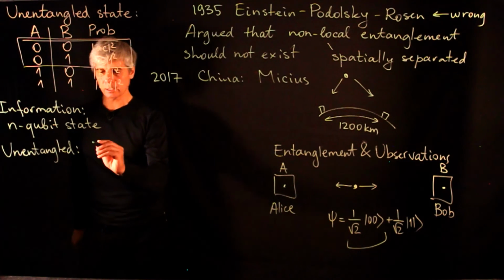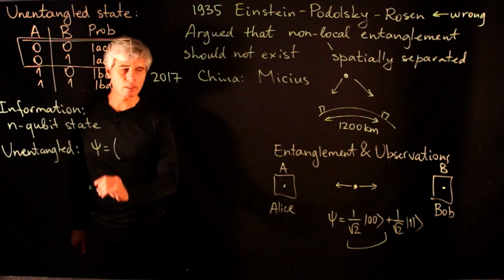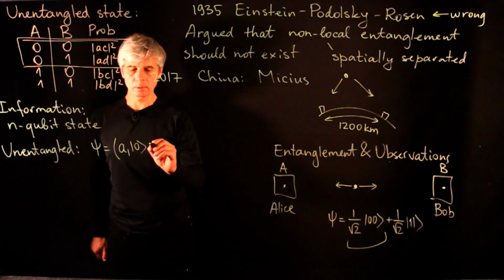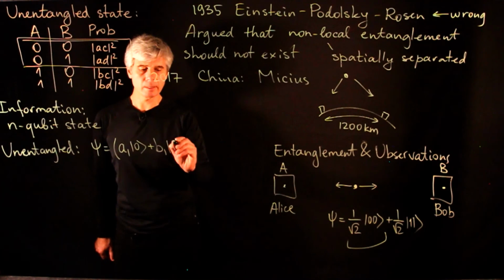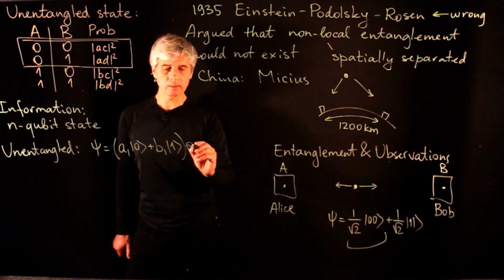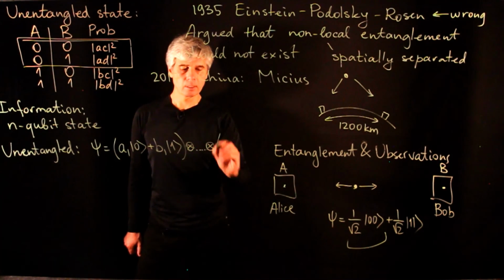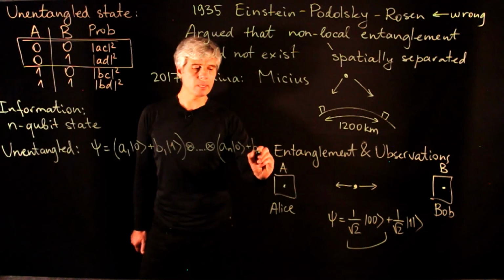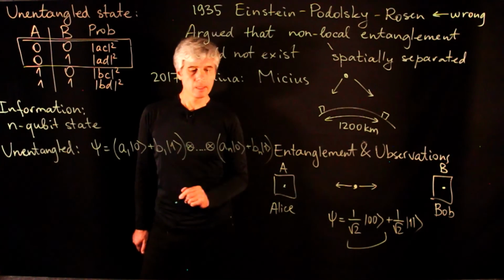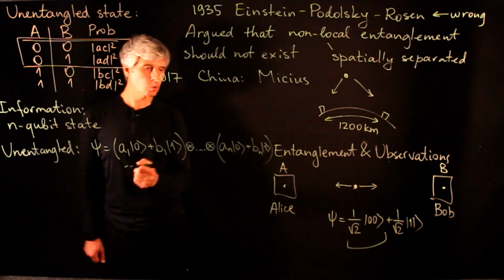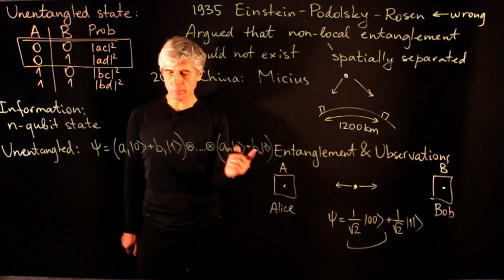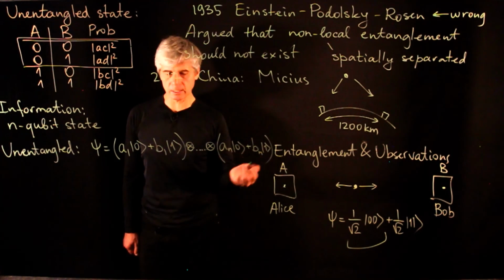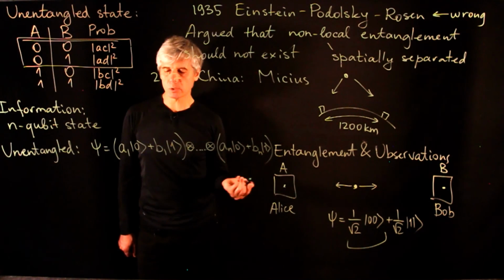Then this state can be written as a product: (A1|0> plus B1|1>) tensor ... (AN|0> plus BN|1>). Right? Okay, so suppose we want to store this information about this state on, say, a classical computer. How much memory do we need?